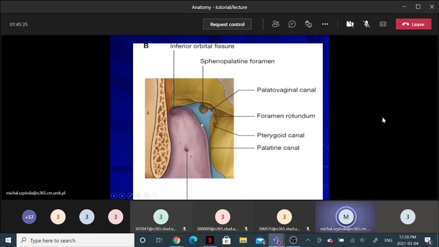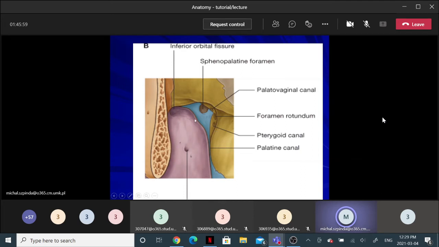So the anterior wall contains two elements: the superomedial part of maxillary body, its temporal surface, its infratemporal surface, and the orbital process of palatine bone.